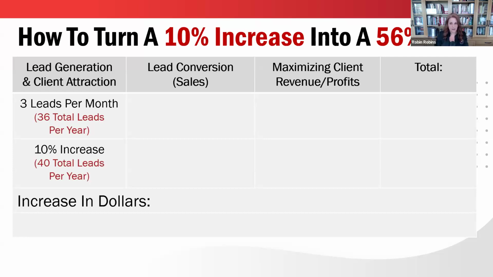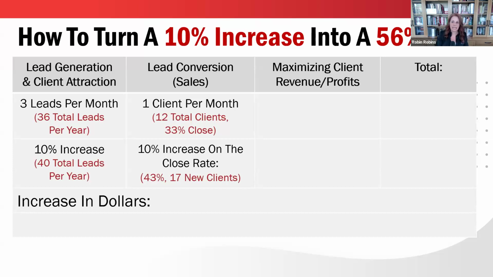But we don't stop there. Then what we do is we work on lead capture conversion. So let's say out of every 3 leads you're generating, you're closing 1, which is a 33% close rate, which is about average is what I see out there of people that we have polled, okay, and our members. So I say our people we poll, our members on average are closing about 35% from initial lead to the actual sale, not just opportunity.